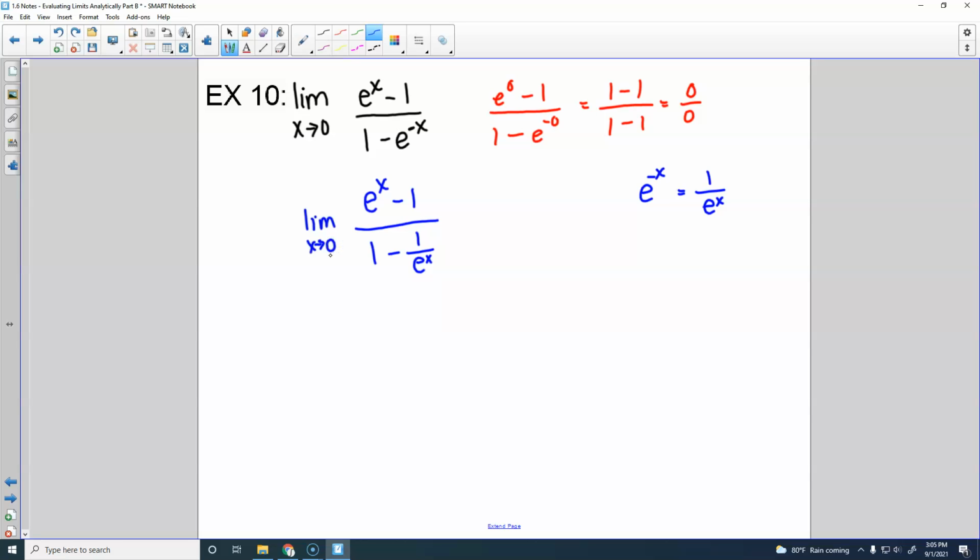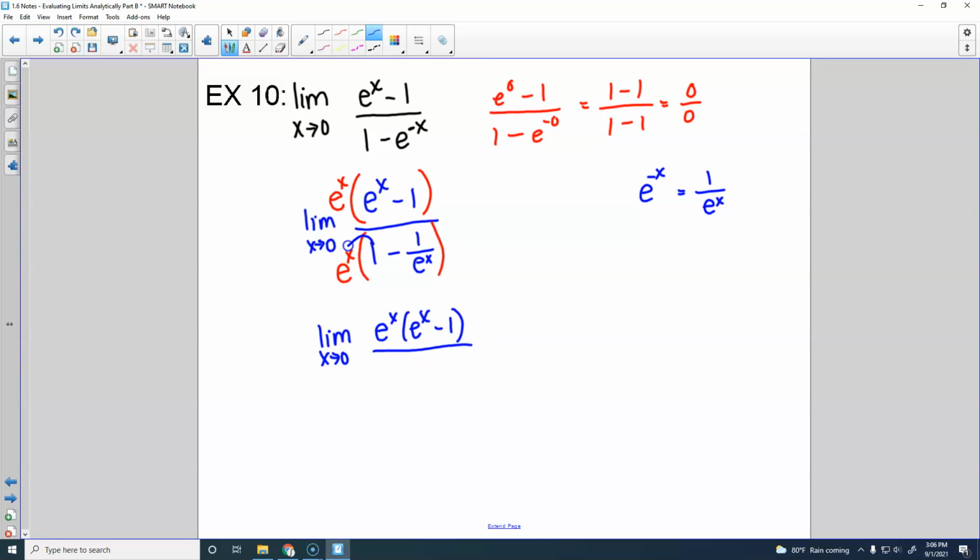Alright. I don't like having fractions inside of fractions. I'm going to do the same thing I did before, where I've got this denominator. I'm going to multiply the top of this fraction by e to the x and the bottom of the fraction by e to the x. I want something to cancel here, so I'm actually not going to multiply the numerator together. I'm going to leave it as e to the x times e to the x minus 1.